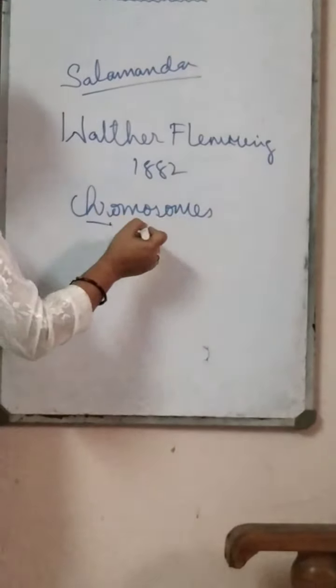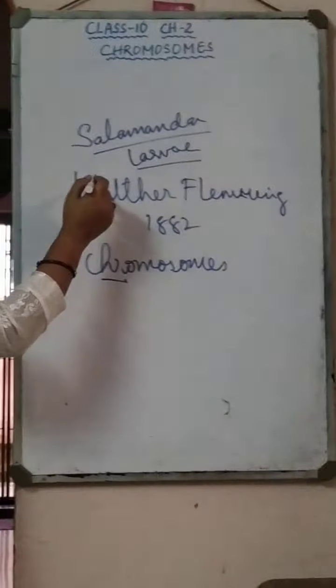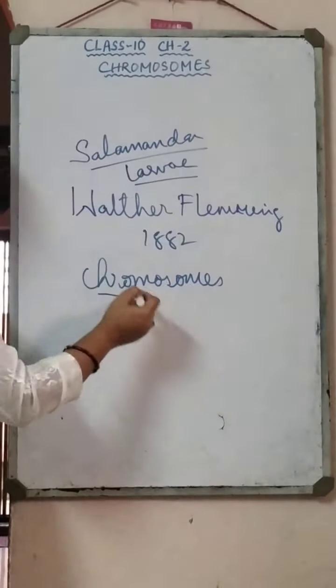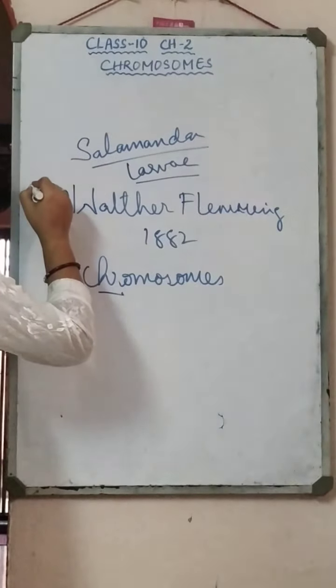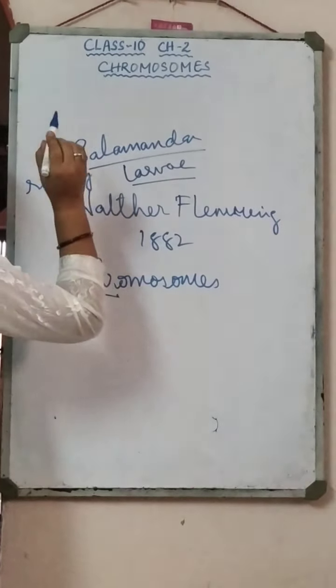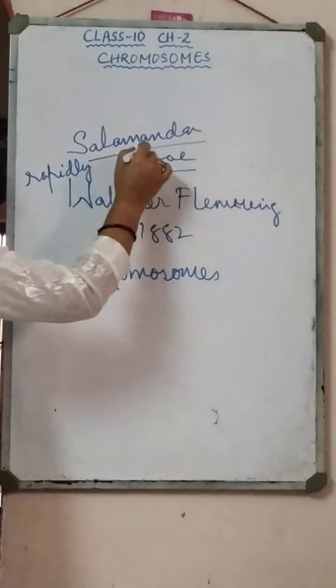These chromosomes were seen in the larva of the salamander. So Walther Fleming found chromosomes inside the rapidly dividing cells of the larva of the salamander.